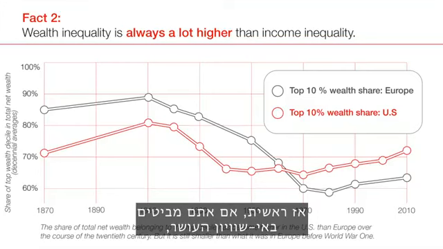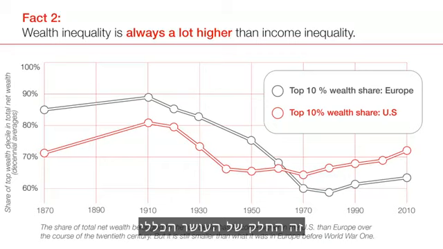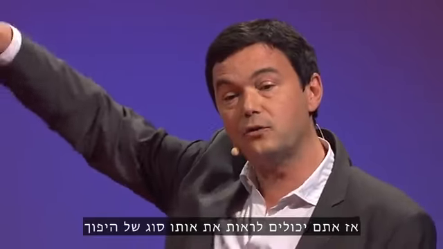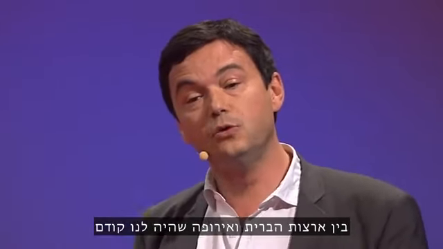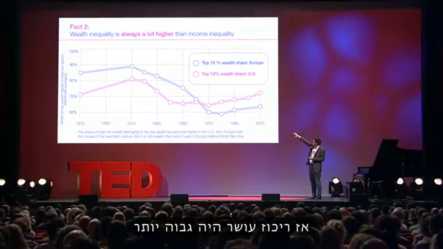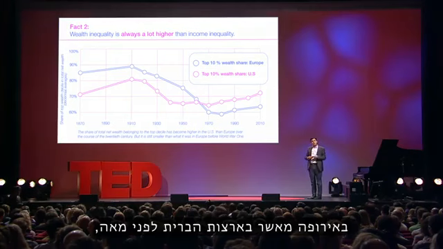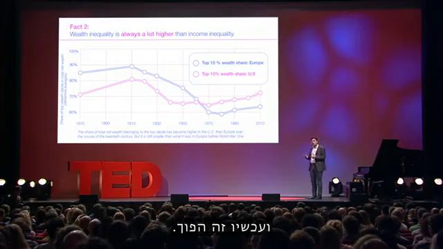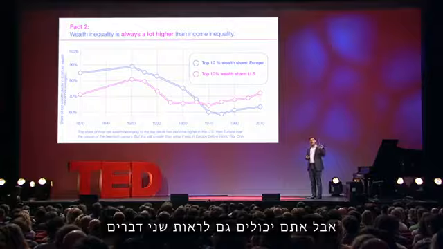First, if you look at the level of wealth inequality, this is the share of total wealth going to the top 10% wealth holders. You can see the same kind of reversal between the US and Europe that we had before for income inequality. Wealth concentration was higher in Europe than in the US a century ago, and now it is the opposite. But you can also see two things.